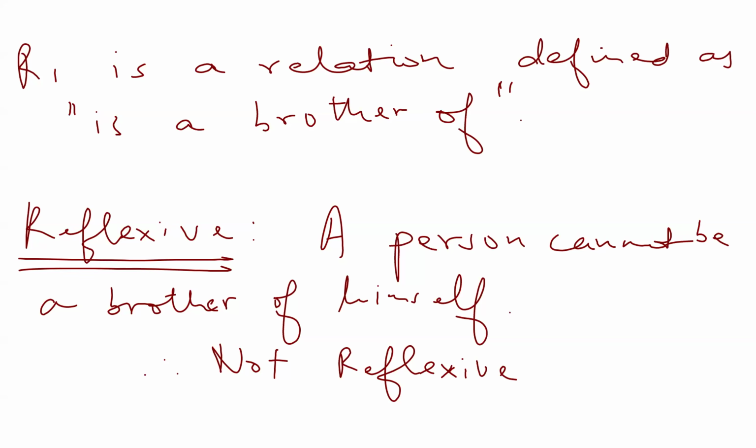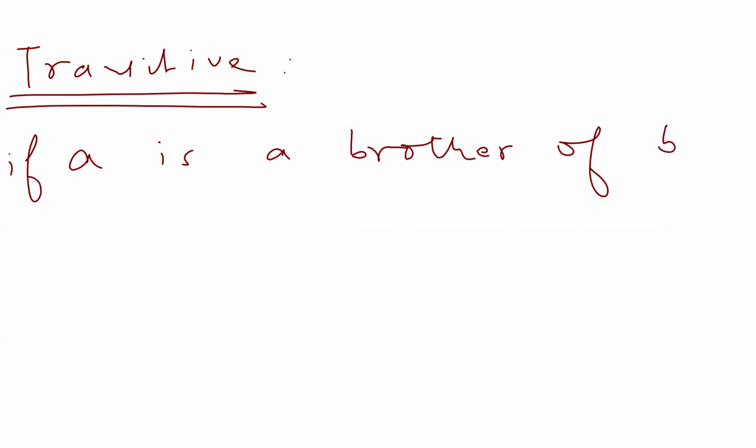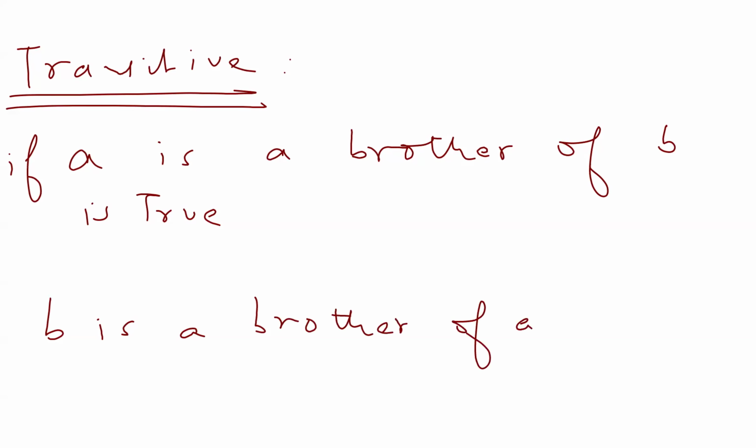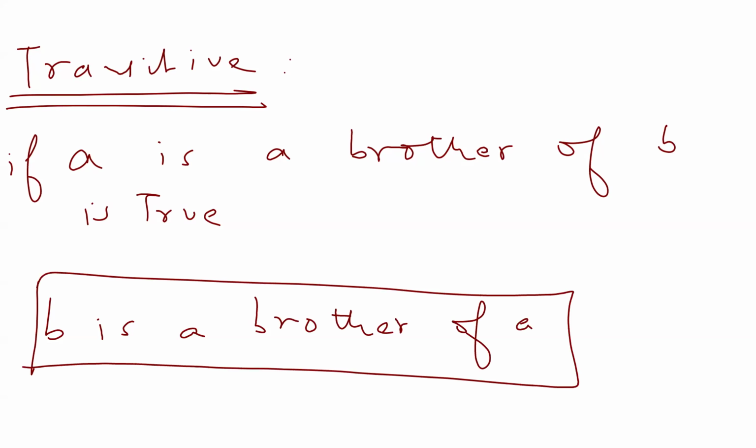Second, we'll check symmetry. A is a brother of B. If A is a brother of B is true, is B a brother of A? We need to check the converse part.